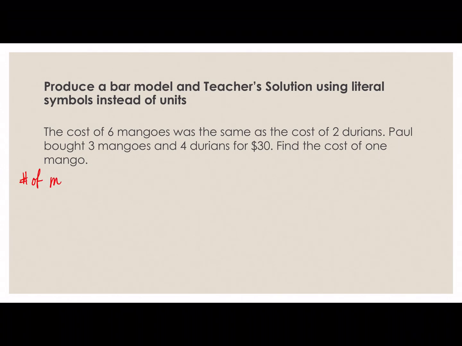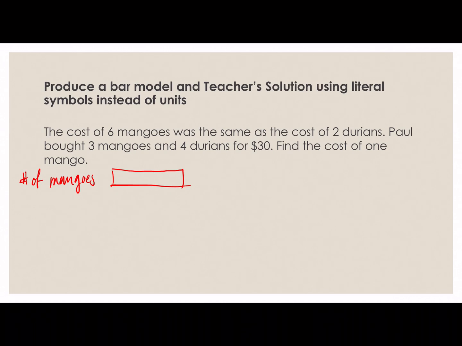So number of mangoes is going to be shown in a bar. The cost of 6 mangoes was the same as the 2 durians. So 6 mangoes. I take my bar, number of durians.